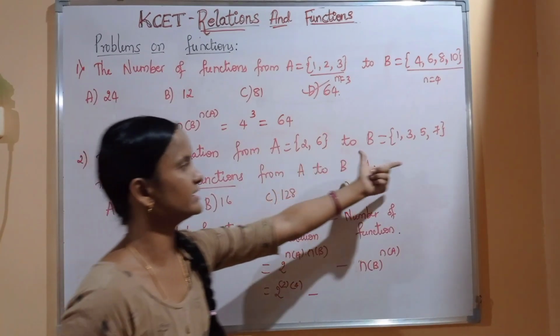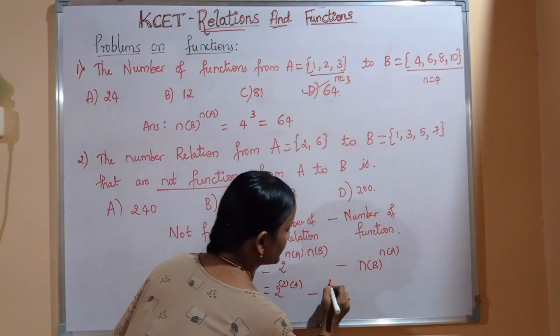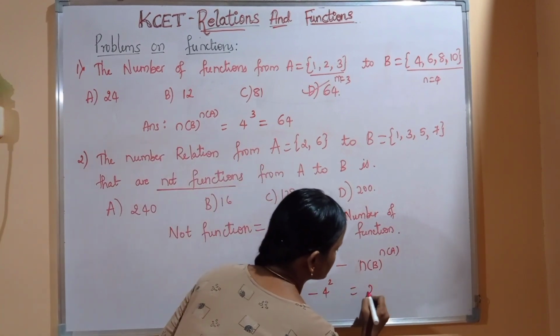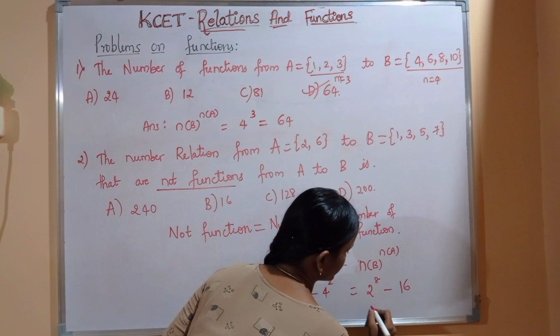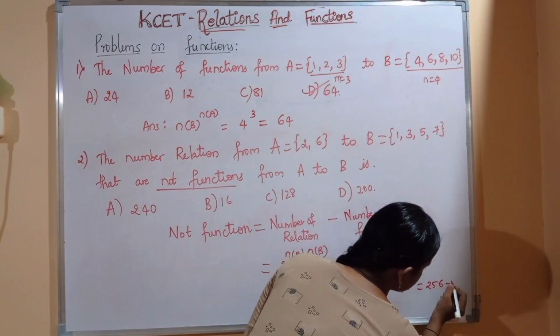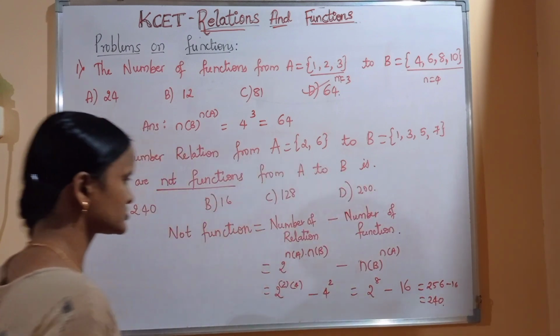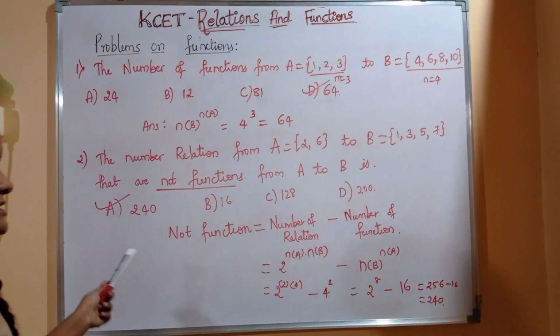What is n(B) here? 4. What is n(A)? 2. So calculate now. 2 raised to 8 minus 4 squared, which is 16. 256 minus 16 is 240. The number of non-functions is 240. So this is the answer.